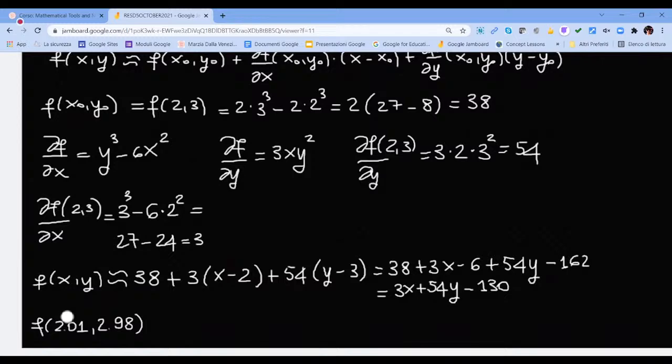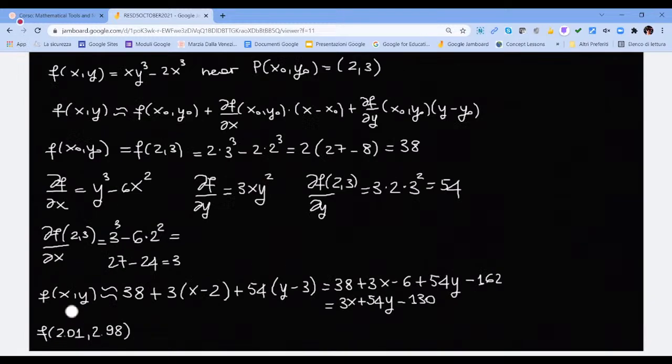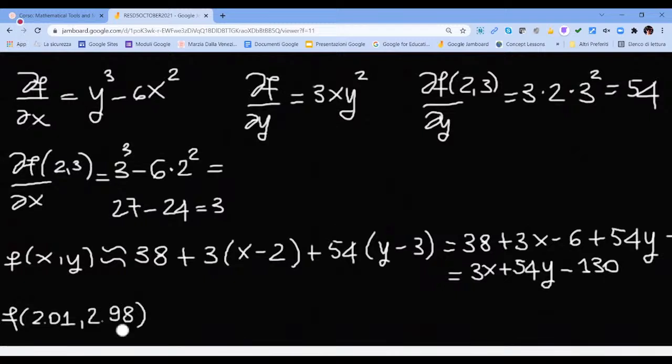As you can see, the x is very close to 2, and the y is very close to 3. That means we can find an approximate value of the function only by using the formula. That means we can use these two values instead of x and y.